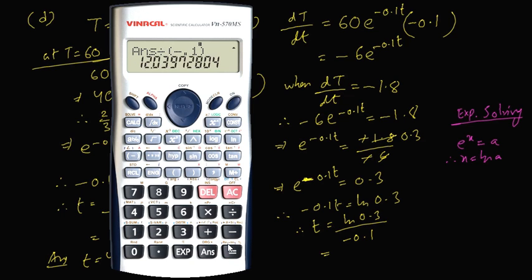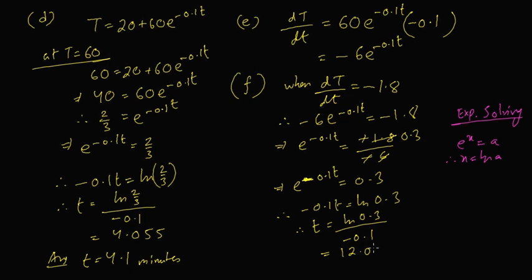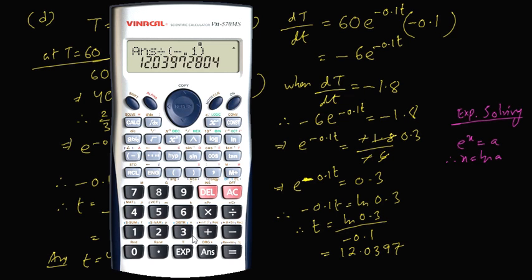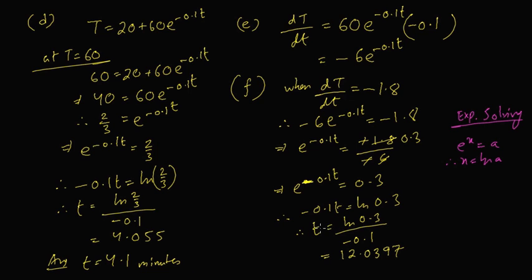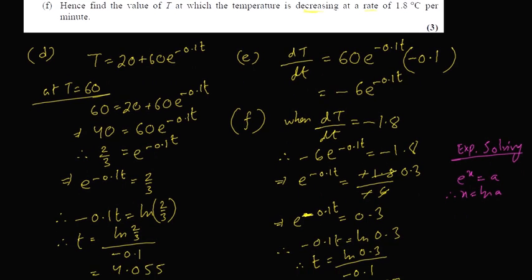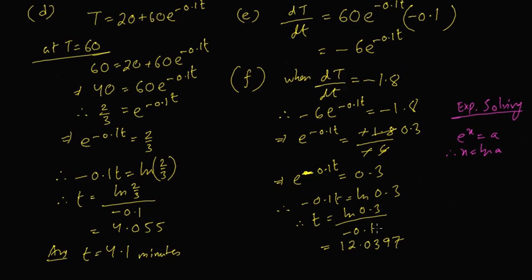So this is going to be 12.0397. Now this is a relatively accurate answer, 12.0397. Now remember, we found the value of time, small t, but the question was you have to find the value of capital T, which is temperature. So you have to plug this value in.